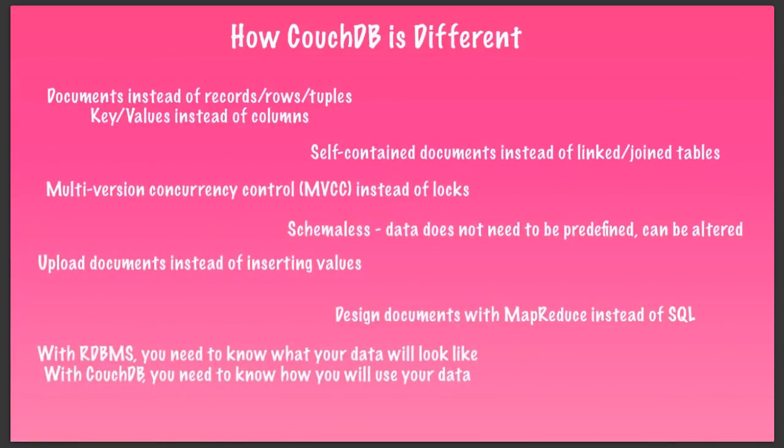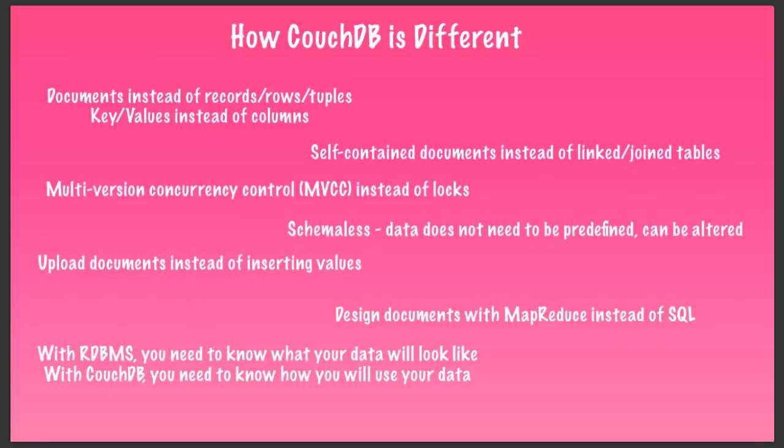One way I like to differentiate the two types is that with a relational database, you need to know what your data will look like. That has to do with the schema versus schemaless systems. However, with CouchDB, you need to know how you will use your data more.